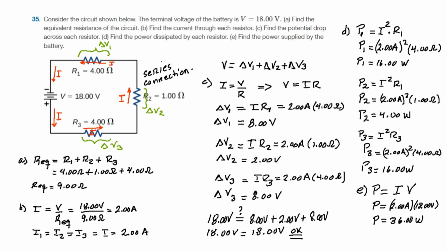watts. Now, let's do something quickly. Let's add the values of power dissipated by the resistors. 16 watts plus 4 watts, 20 watts. Plus 16 watts, 36 watts. So 36 watts were dissipated.